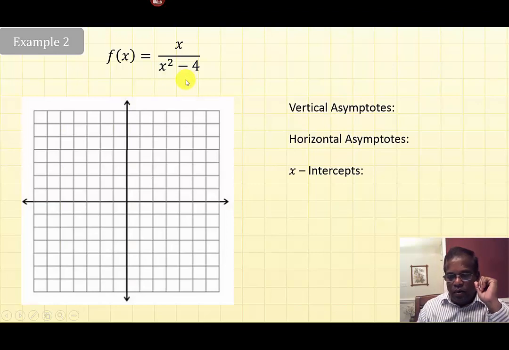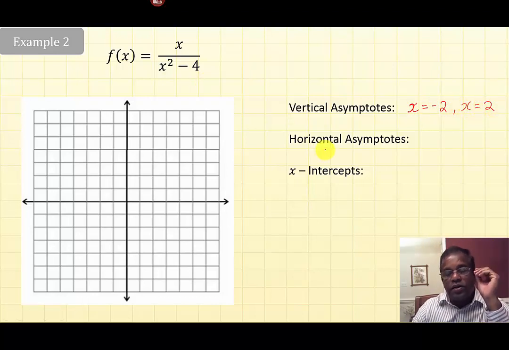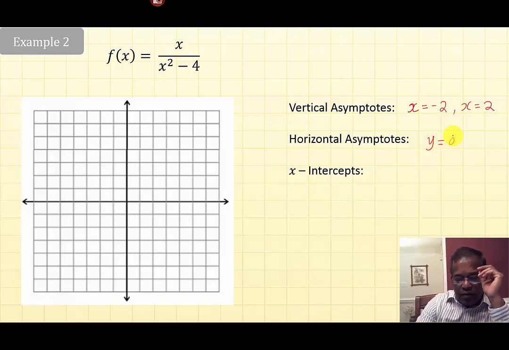Now the vertical asymptotes are given when the denominator is 0, so clearly the vertical asymptotes are x equals negative 2 and x equals 2. As for the horizontal asymptote, the degree of the denominator is higher than the degree of the numerator. The numerator degree is 1, the denominator degree is 2. So therefore the horizontal asymptote is the x-axis, or y equals 0.